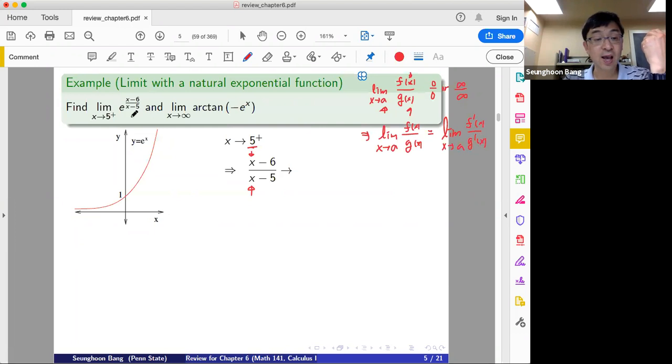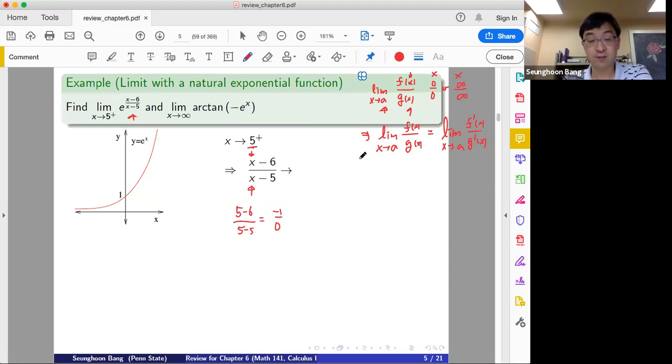But in this case, we cannot use L'Hopital's rule. This is not such a fraction. Plug 5 into the top and bottom: 5 minus 6 over 5 minus 5 is negative 1 over 0. It is not 0 over 0 form, not infinity form, so don't use L'Hopital's rule.